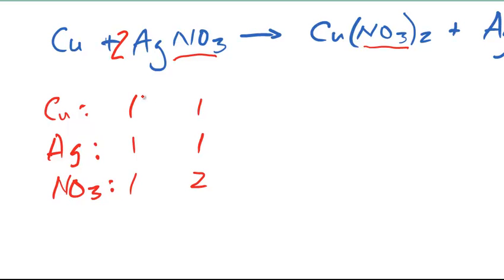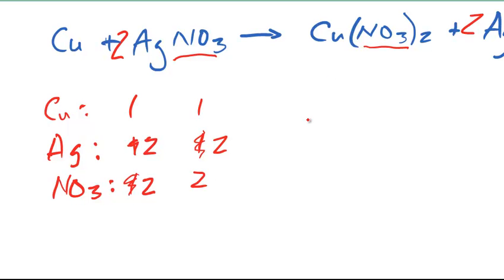That changes the nitrate count to 2, and it's going to double the silver count, and now you've got your nitrates balanced. But unfortunately, your silvers are now out of whack. That's corrected easily enough. You just go over here, put a 2 in front of the silver, and now the silvers are in balance. And look at that, everything's fine. So that's a balanced chemical equation for this case.